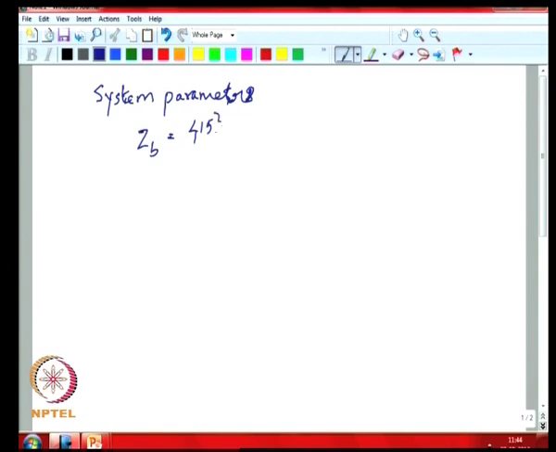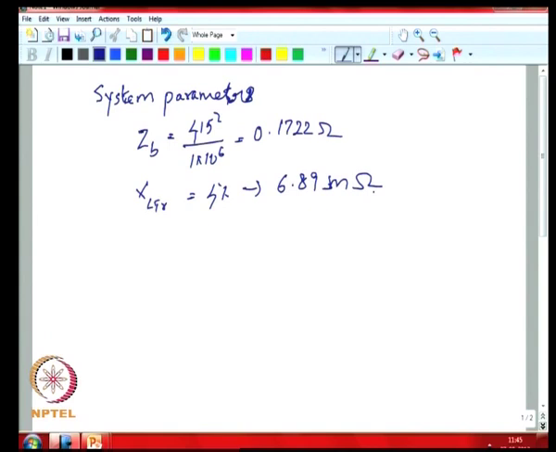So, its base impedance would be 172 milliohms, and we are told that the leakage inductance of the transformer is 4%. So, this corresponds to 0.04 into 1.722 or 6.89 milliohms. So, about 7 milliohms is the impedance from the reactance of the transformer.